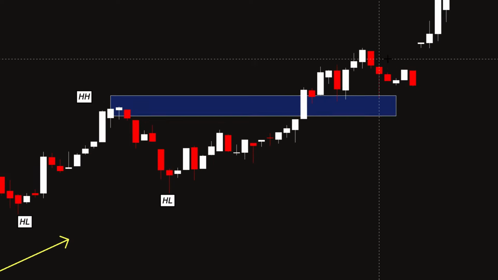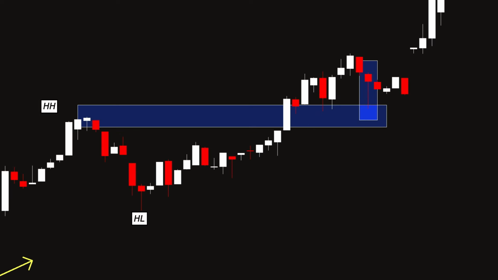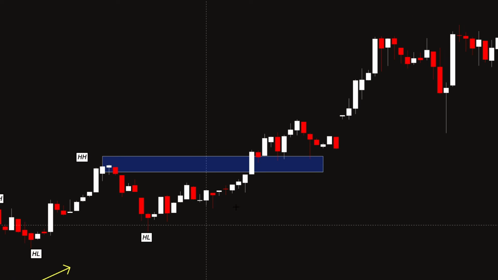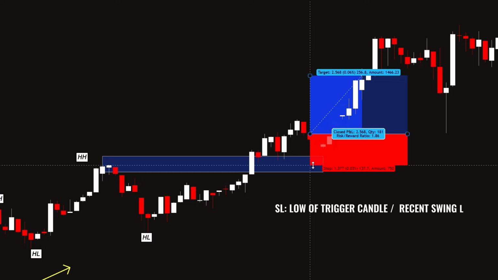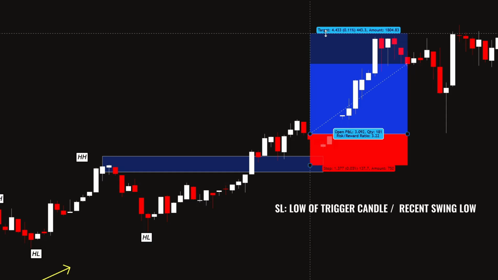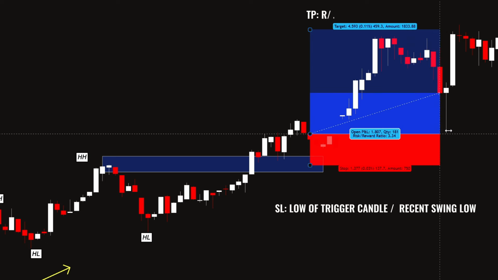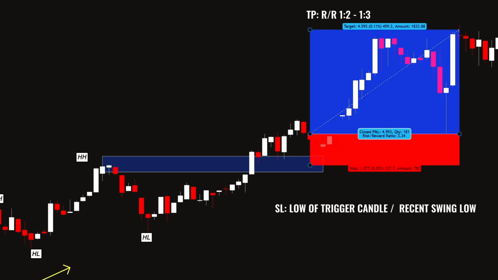And right here, a clean rejection candle forms, step 3. We enter a buy at the close of that candle and then set the stop loss slightly below the candle's low or below the recent swing low, and target the previous resistance or a 1-to-2 or even 1-to-3 risk to reward ratio.